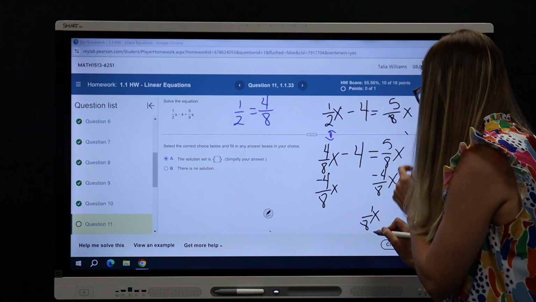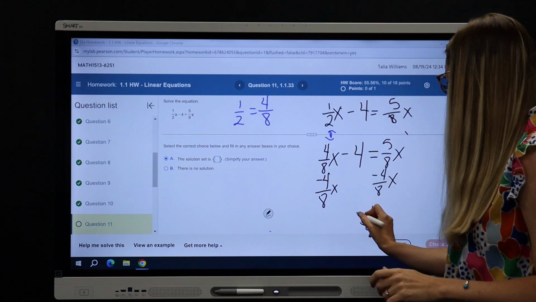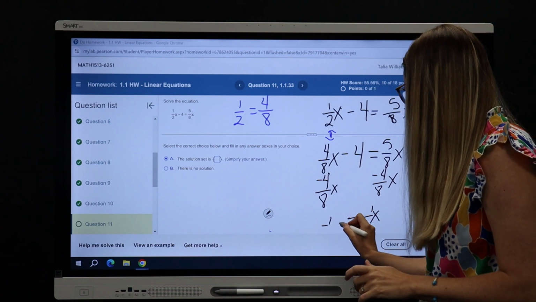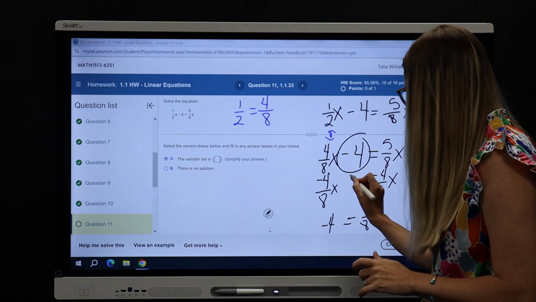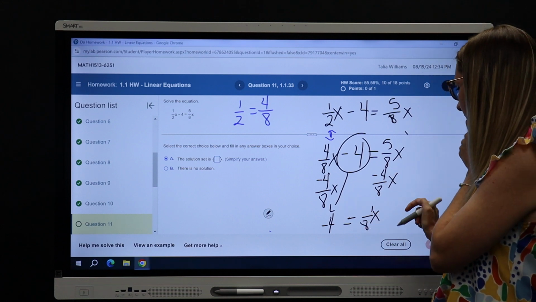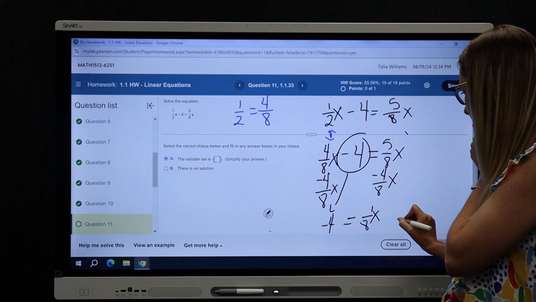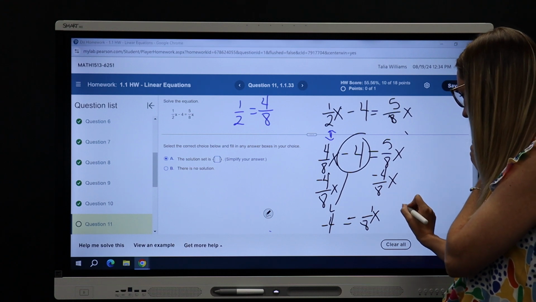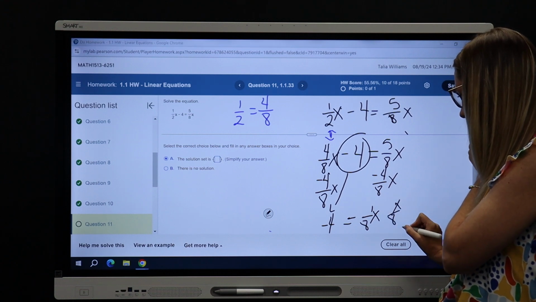And then that's going to equal this negative 4 because I haven't used it. Since it's 1/8, this is the same as 1 times x is x over 8.